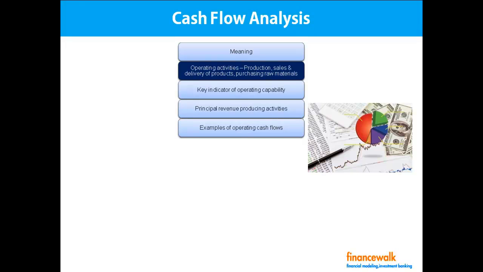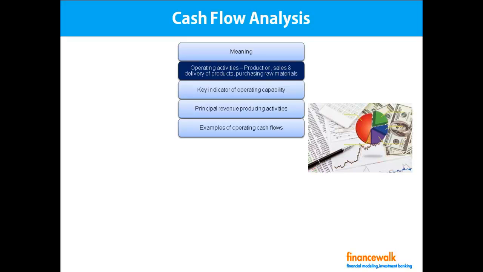Let's see examples of operating cash flows. Receipts from the sale of goods or services, receipts for the sale of loans, debt or equity instruments in a trading portfolio, interest received on loans, dividends received on equity securities, payments to suppliers for goods and services, payments to employees or on behalf of employees, tax payments, interest payments.